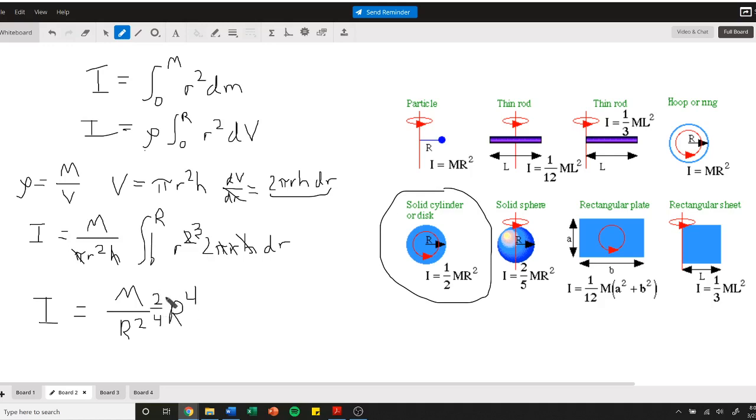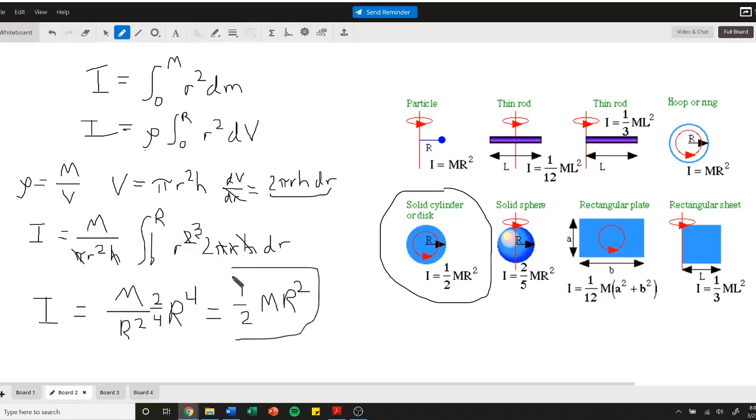So that's our 1/4 being pulled out by doing the integral. And the 0 cancels out, so just big R. And sure enough, that gives us that I is equal to 1/2 mass times the radius squared.